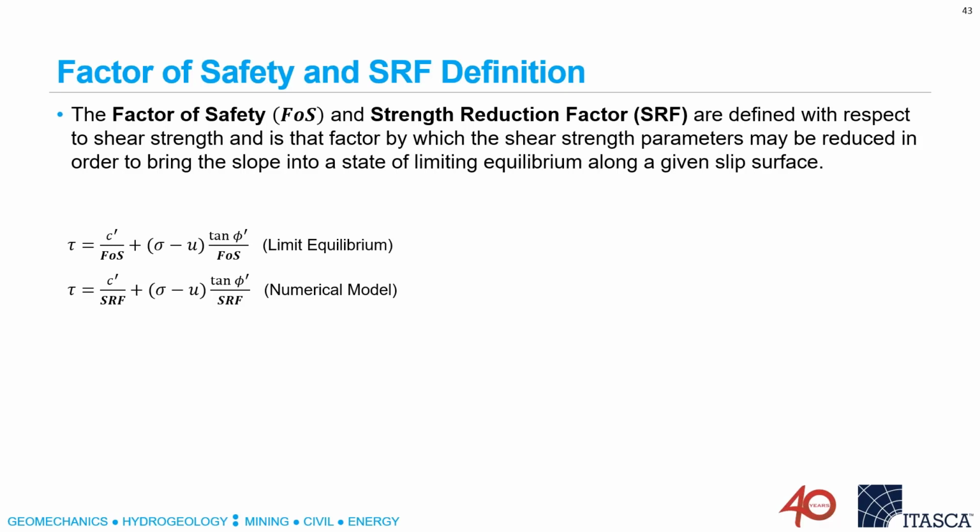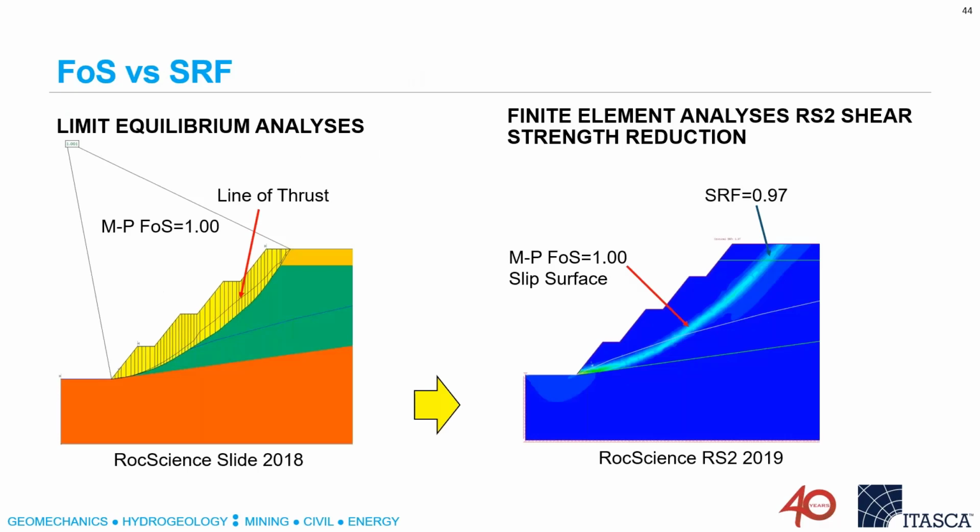But the fundamental point is that factors of safety in limit equilibrium and shear strength reduction methods in numerical models should give similar results. And here's an example comparing a limit equilibrium model on the left and a numerical model from RockScience on the right for this same problem, which has a water surface.